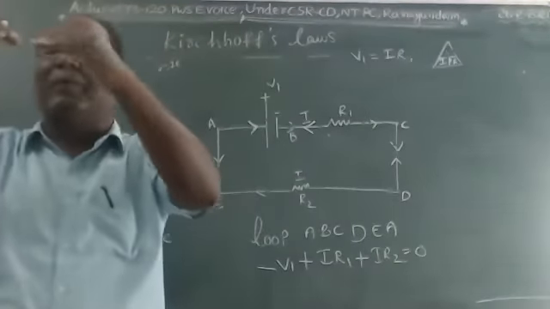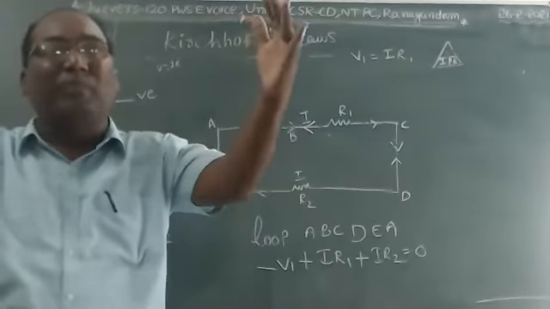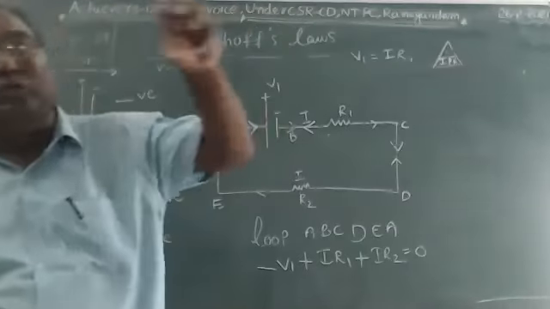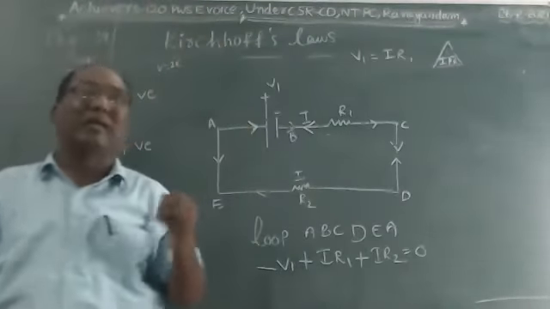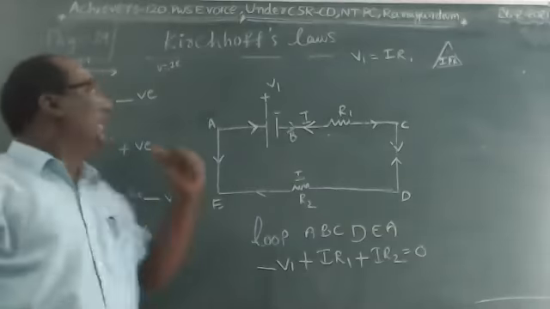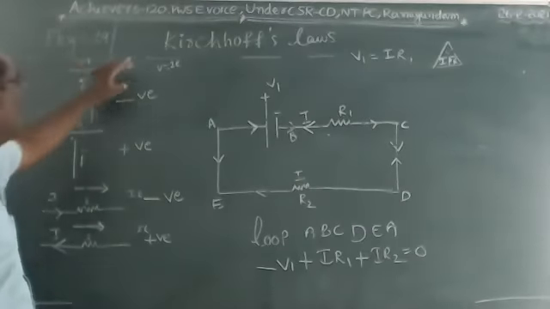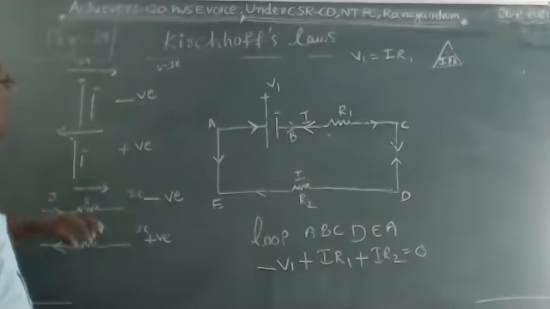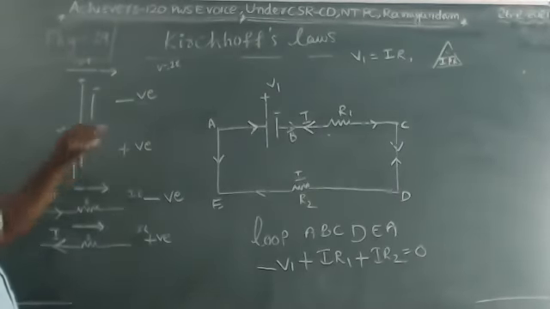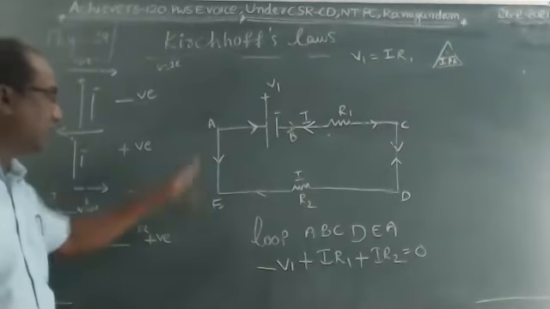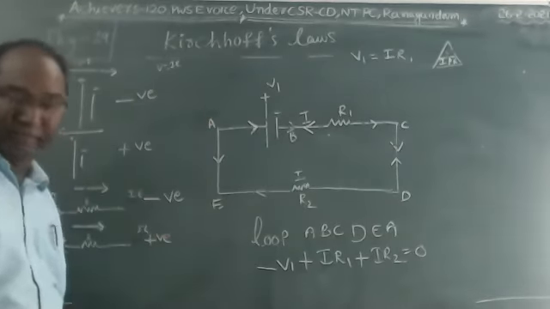If both are opposite, then the values are positive. If both move in the same direction, the values are negative. But for an EMF battery, when it moves from positive terminal to negative, the voltage value is negative. If it moves from negative to positive, the battery values are positive. So this is the second loop, children.